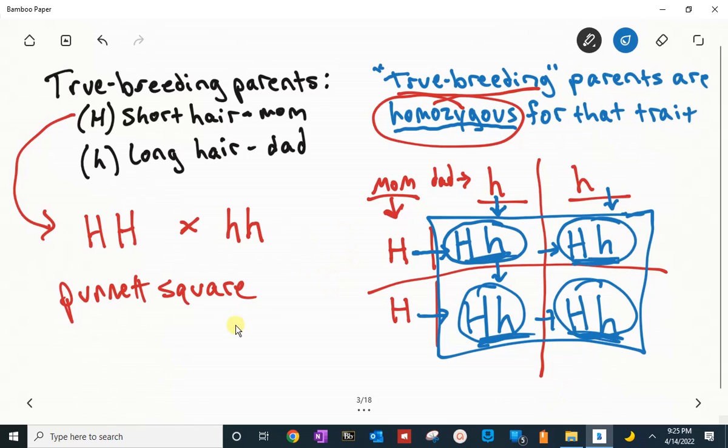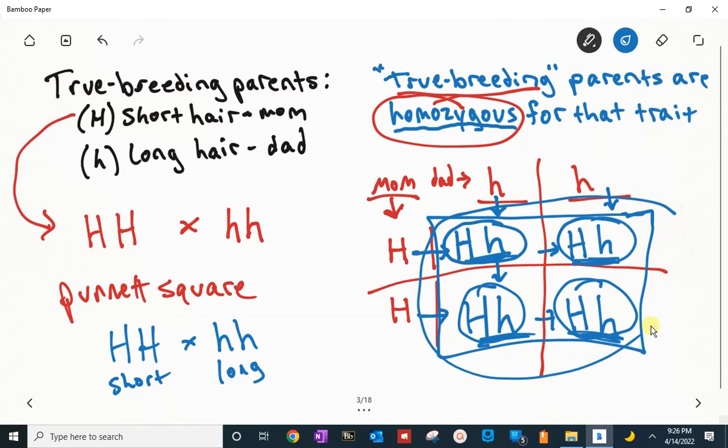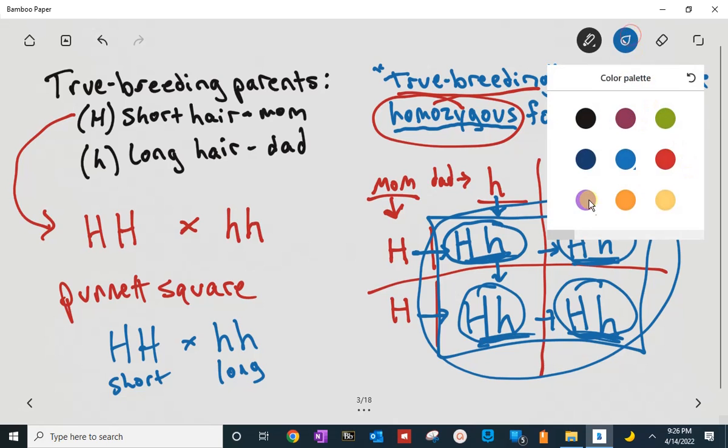So if a mom who is homozygous for the dominant trait, short hair, has children with a dad who is homozygous for the recessive trait, long hair, all of their kids are going to have one from each.